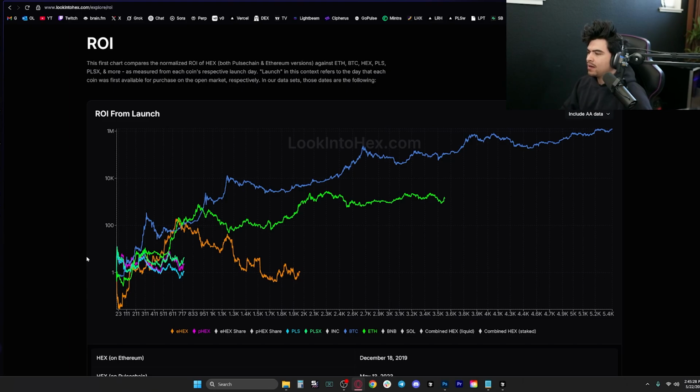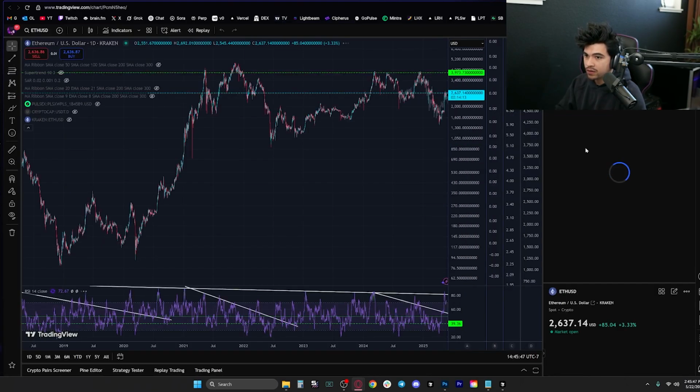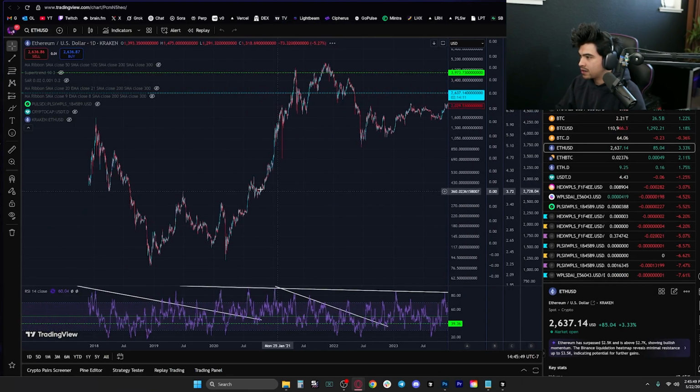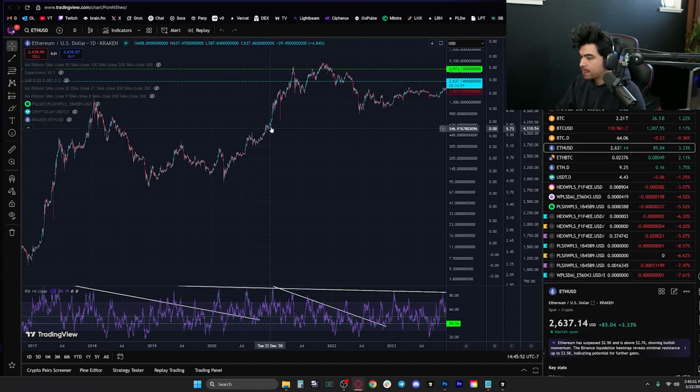So what does that mean? Well, I like to think that this cycle has been slightly offset in the time component, whereas in May of 2021, right, 4 years ago, what was Ethereum doing? Well, let's pull it up. What was Ethereum doing around May of 2021?